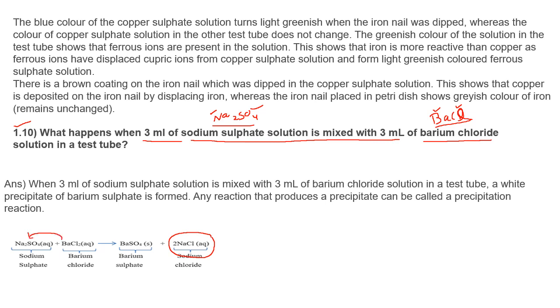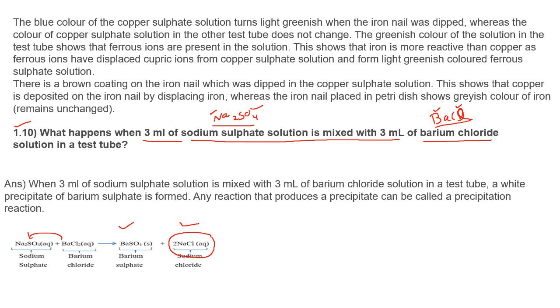Okay, so you will see there is an exchange of radicals from both the compounds, and we are getting two new different compounds over here by the exchange of radicals. Because there is a double displacement, we call it a double displacement reaction.